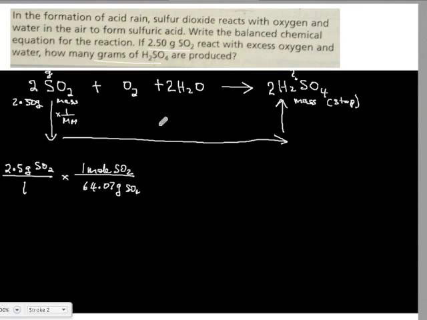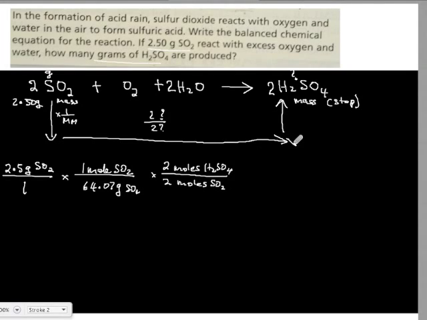Then going across is the coefficient of the question mark over the coefficient of the given. So 2 moles of sulfuric acid divided by 2 moles of sulfur dioxide.